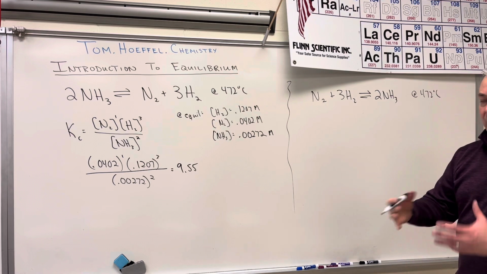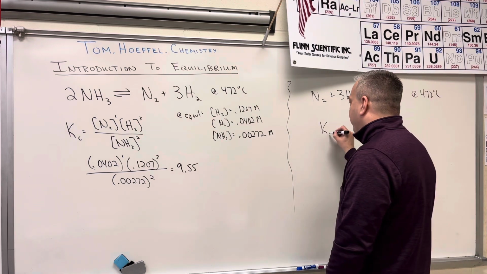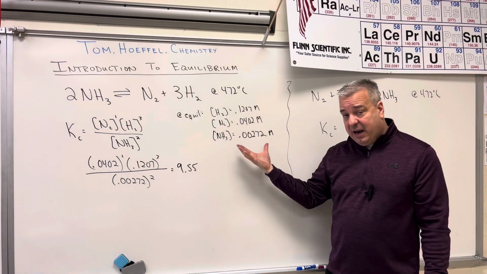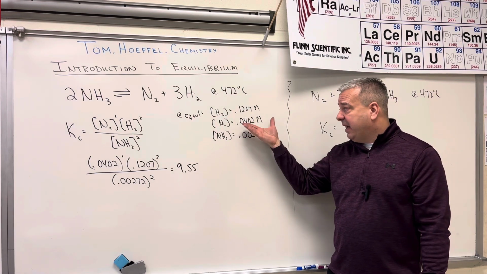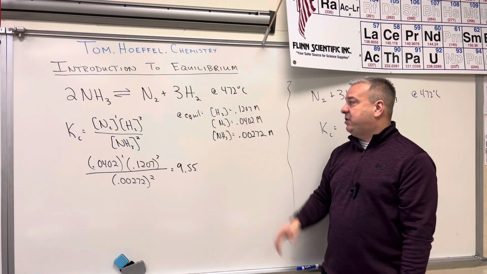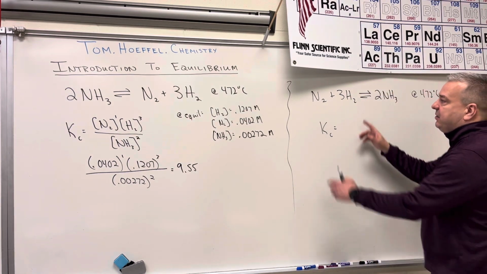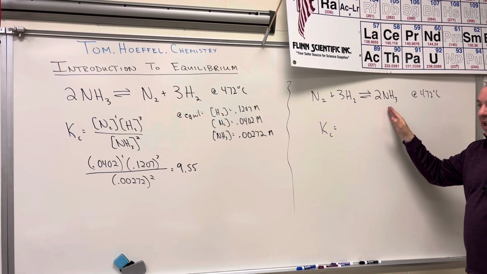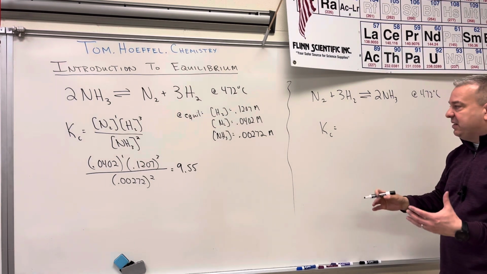Well, what is the Kc value for this equation? Well, remember, it's going to try to achieve the same type of equilibrium. So the N2 and H2 are going to be in larger concentrations than the NH3, and we can plug these numbers in the calculator.